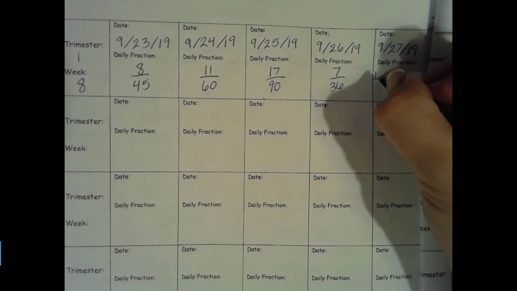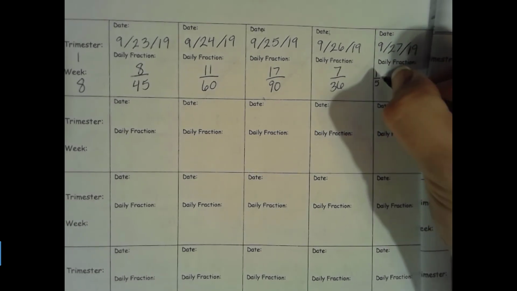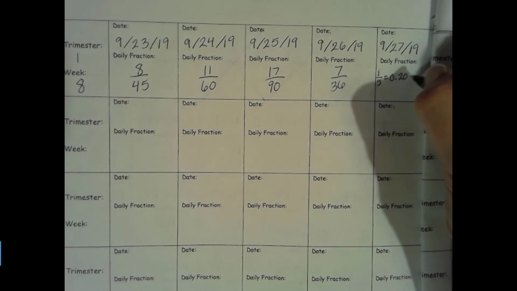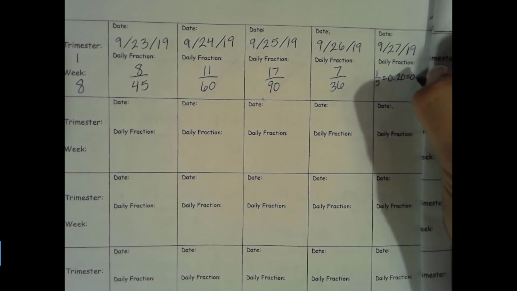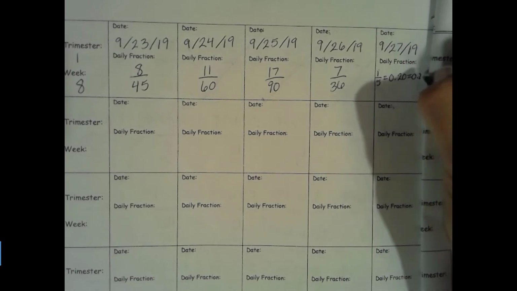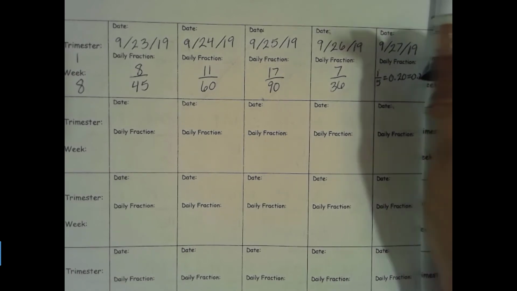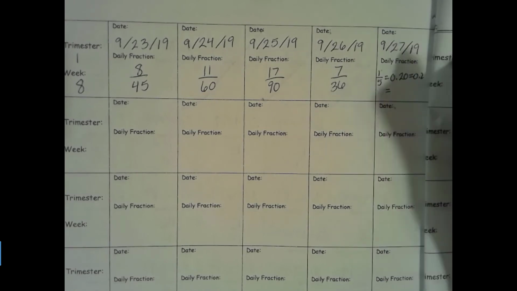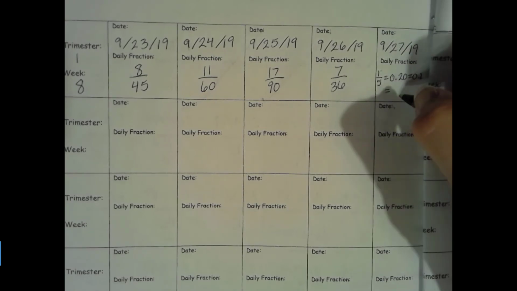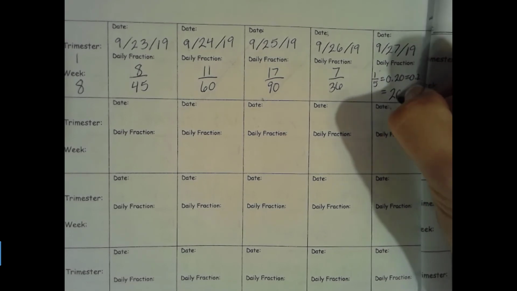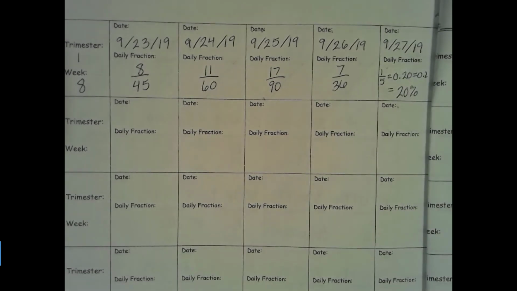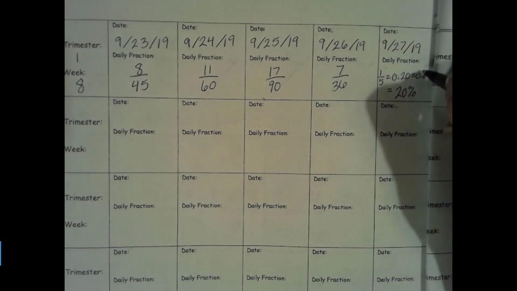We have completed 1/5 of the school year, which is equivalent to 20 hundredths, which is equivalent to 2 tenths, which is equivalent to 20% of the school year. Completed 20%. We have 80% of the school year left to go.